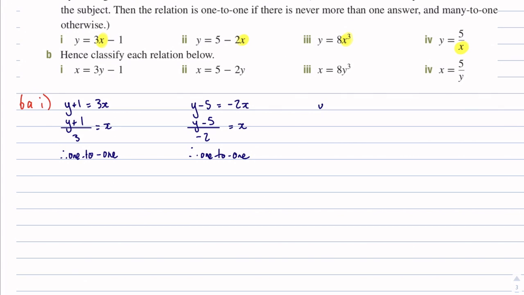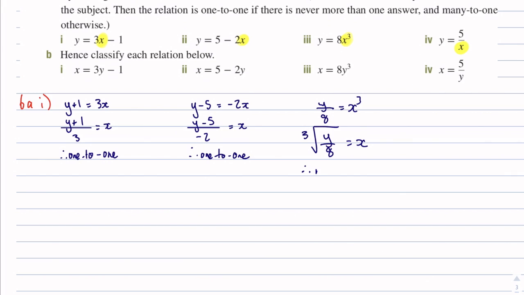Okay, y equals 8x cubed. Y on 8 equals x cubed. So if we do the third root of y over 8, that gives us x. Now, because it's not a square root, we didn't need to plus minus, because if it's the minus of it, cubed will come out as the minus of it again. But if it's the positive of it, it'll come out as a positive. So we don't get the repeats.